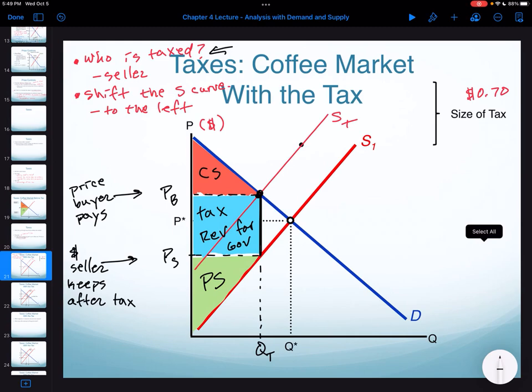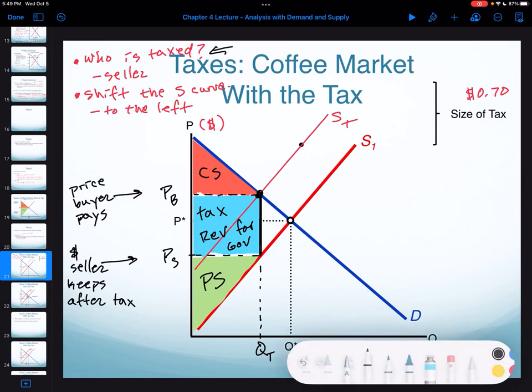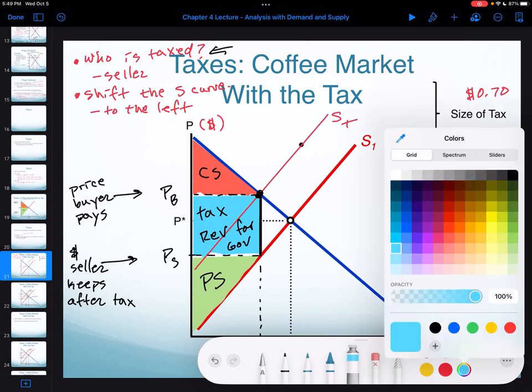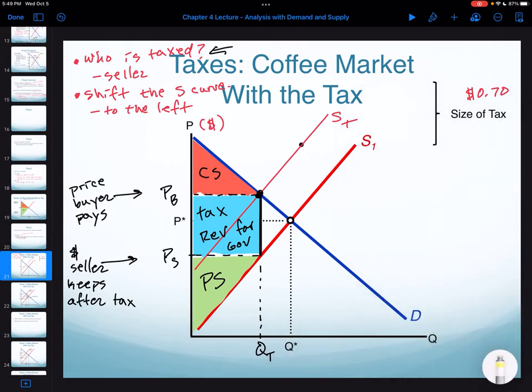The height is the size of the tax, and the width or the base of this rectangle is the quantity of coffee that people consume now after the tax is implemented, okay? So there's one last lonely little triangle here. Let's make this, I don't know, let's go with yellow. Let's go ahead and put this in.